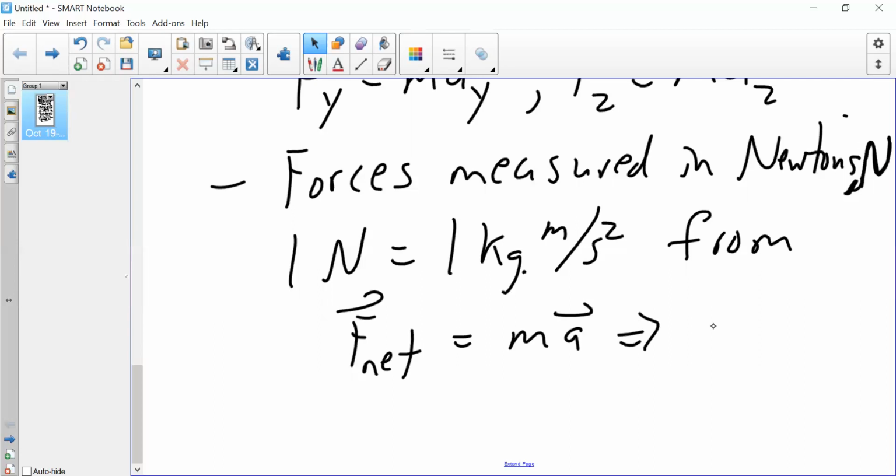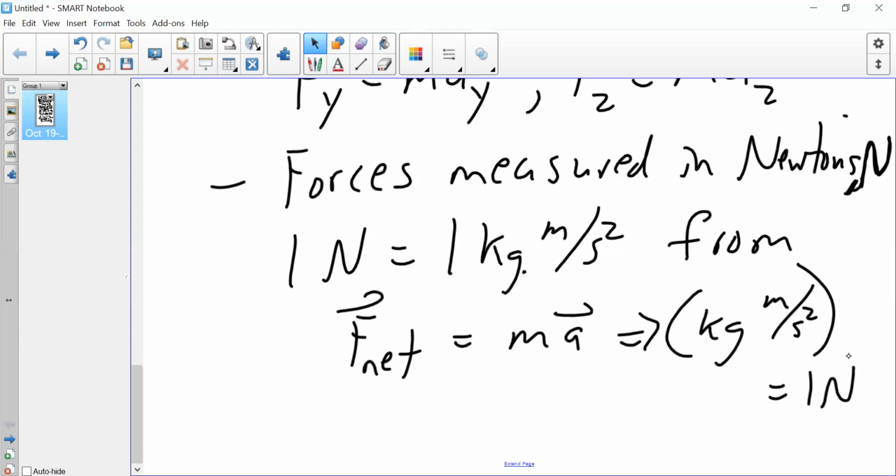So that's kilogram meters per second squared. Again, that is a Newton of force.